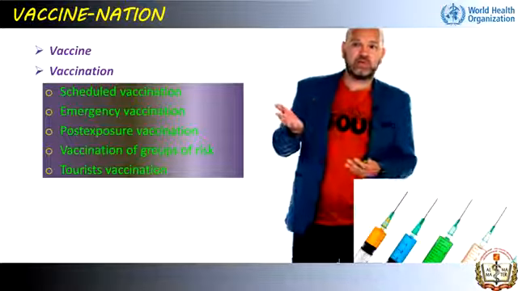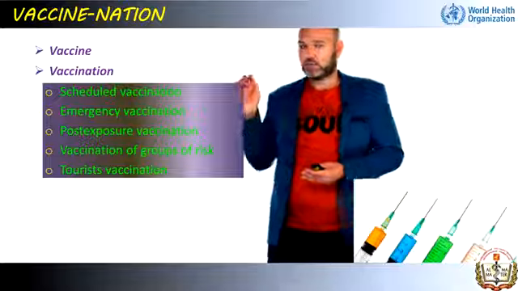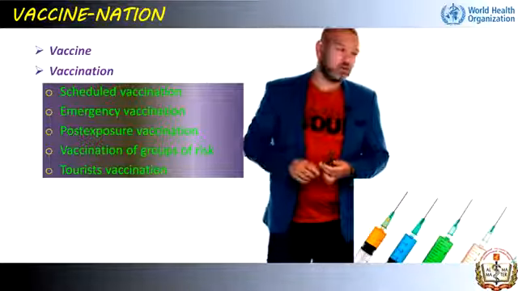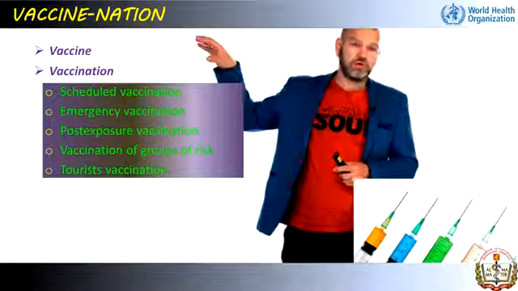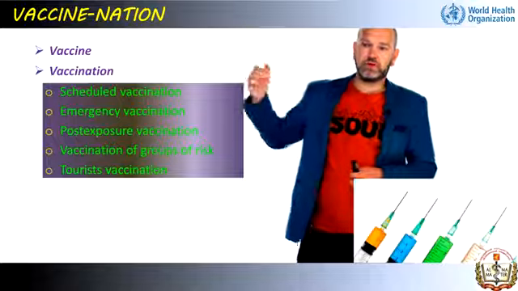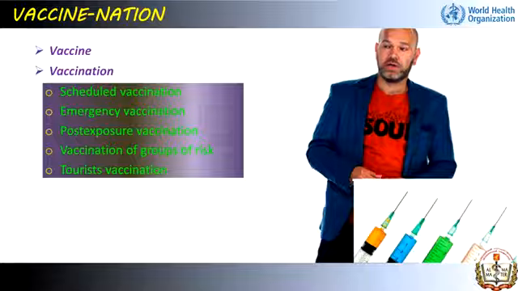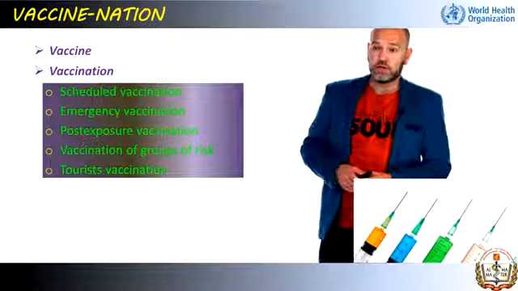The same example, Japanese encephalitis: I'm not vaccinated against that, and if I'm going to visit India, it's much better for me to vaccinate before the tour. The same problem applies to a doctor going on a volunteer mission in another country. Doctors are vaccinated against endemic diseases in that destination area before going.